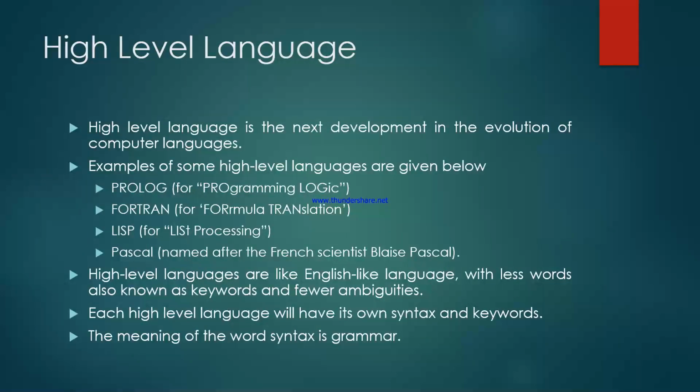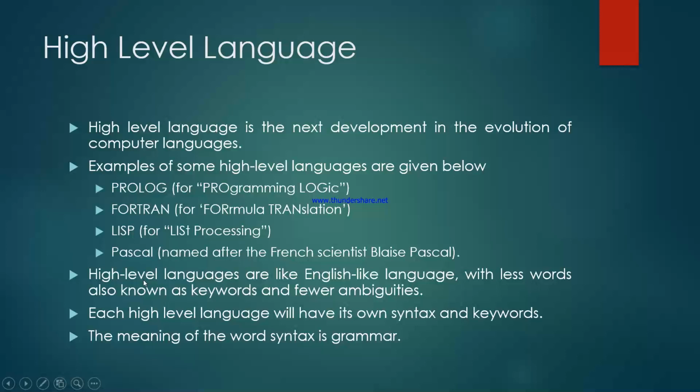As far as the high level language is concerned, it is the next development in the evolution of computer languages. Some examples of high level languages are Prolog, which is also called programming logic, Fortran, called formula translation, Lisp, list processing, and Pascal.